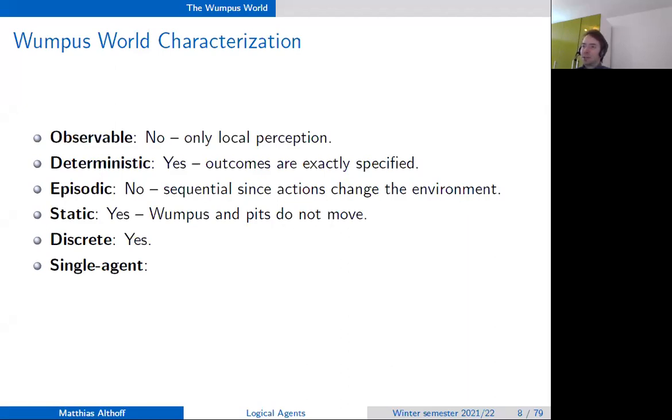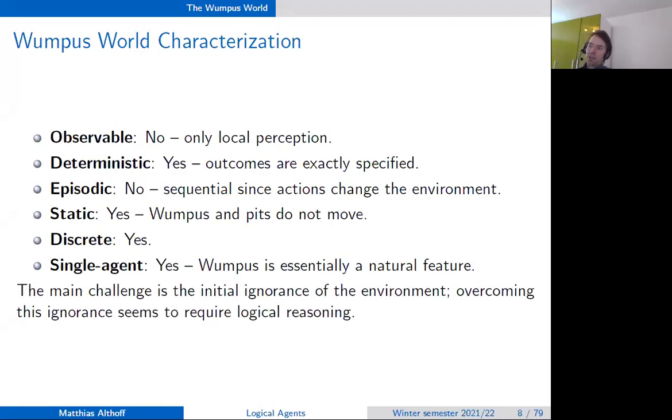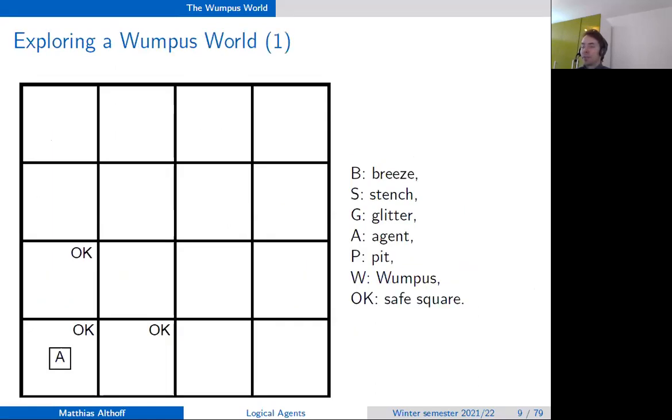And once you enter his room, it's bad, but it's essentially considered, as it's written here, a natural feature. And the main challenge, of course, is that you have this partial observability, and you probably need some reasoning to make good decisions. So let's look at how we would actually act in such an environment.